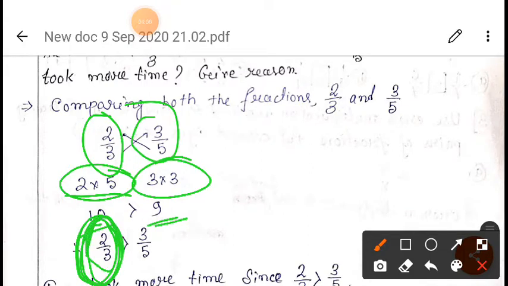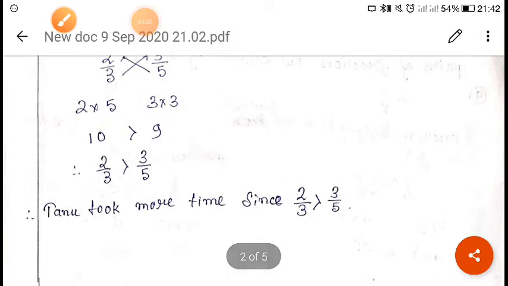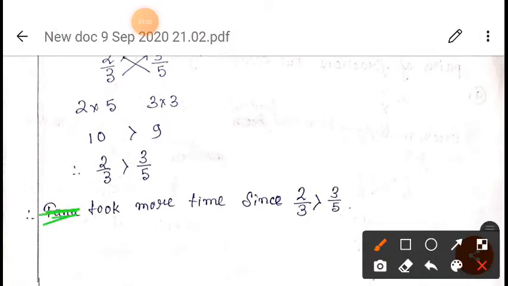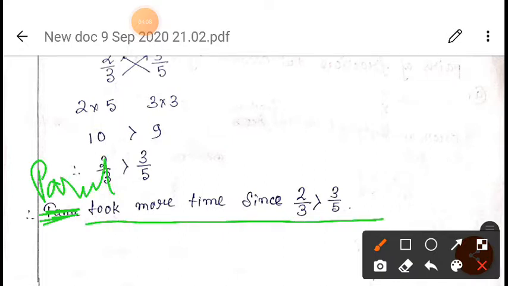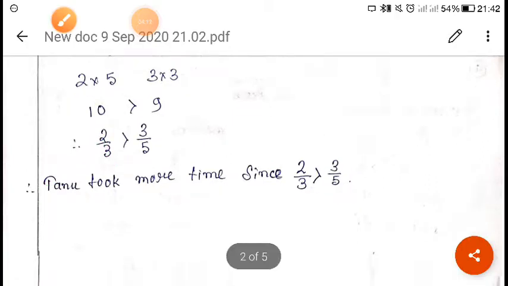We have to write Parul, not Tanu, it is mistakenly written here. Parul took more time since 2 by 3 is greater than 3 by 5. I hope you have understood this.